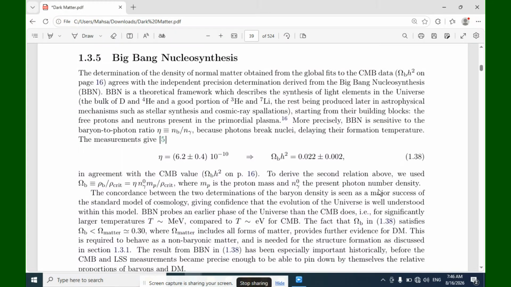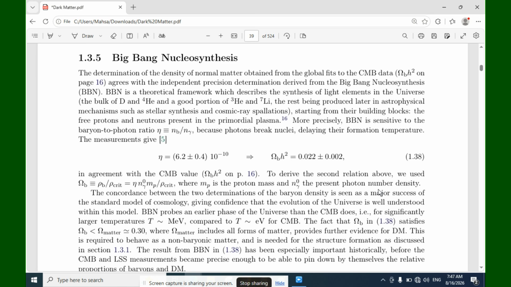More precisely, Big Bang nucleosynthesis is sensitive to the baryon-to-photon ratio, eta equals n_B divided by n_gamma, because photons break nuclei, delaying their formation temperature.